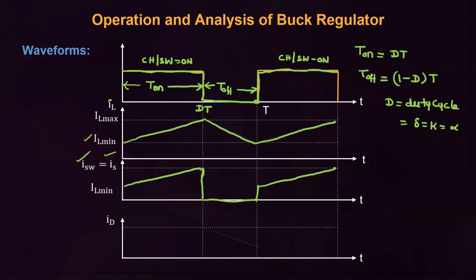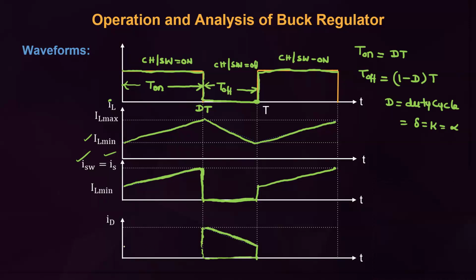Now I am asking a question, friends. If the chopper or switch is off, who is carrying the current? The diode. Then which current exists? The diode current. During the conduction of the diode, the inductor releases energy. This is the diode current wave, and this is the switch current wave. Wherever the switch is conducting, the switch current exists; wherever the diode is conducting, the diode current exists.